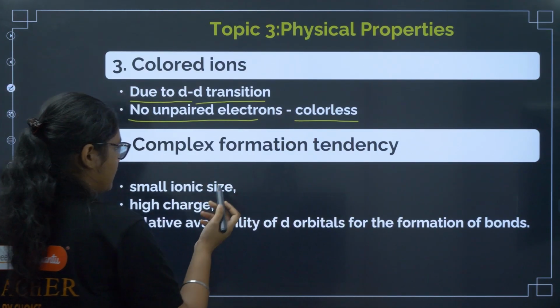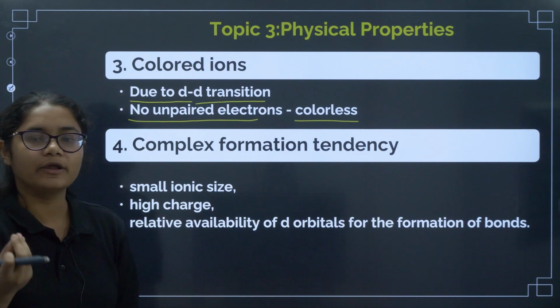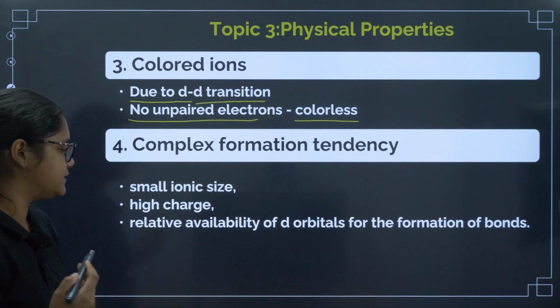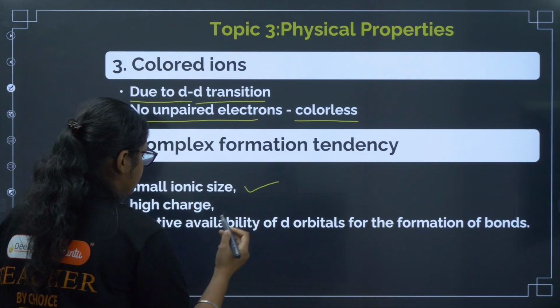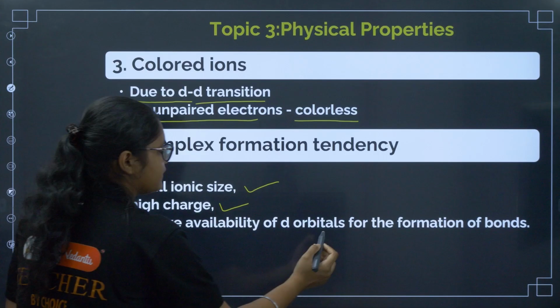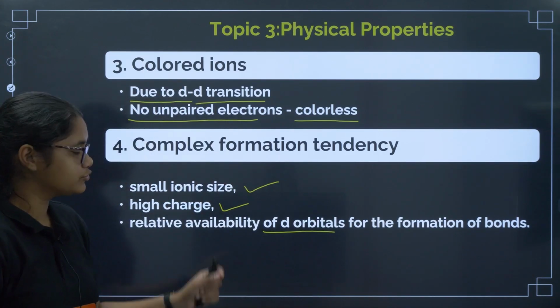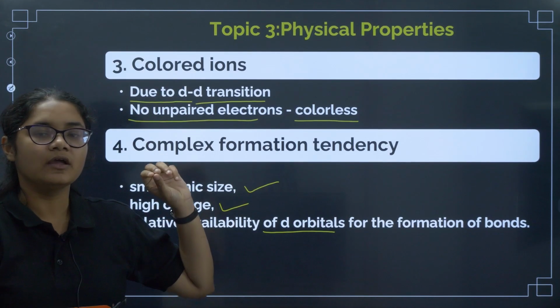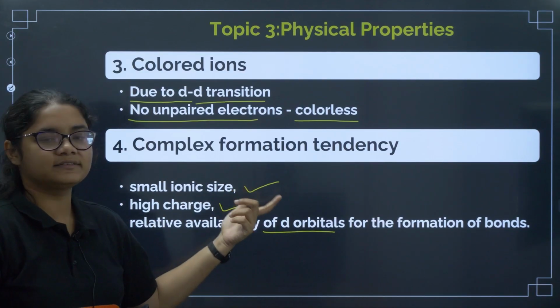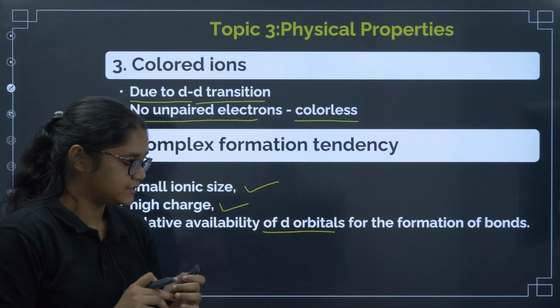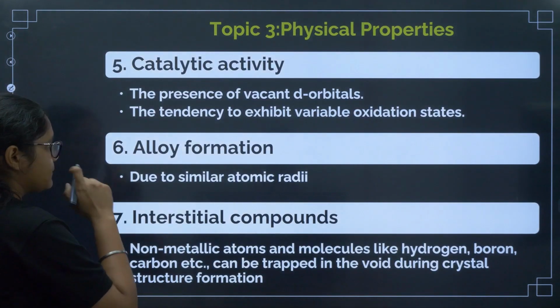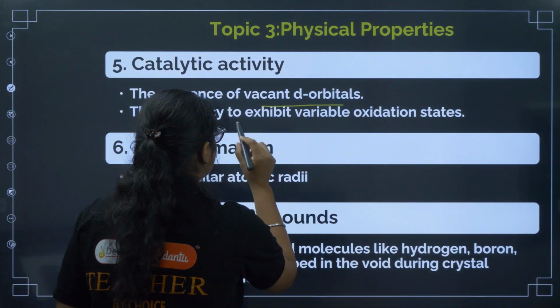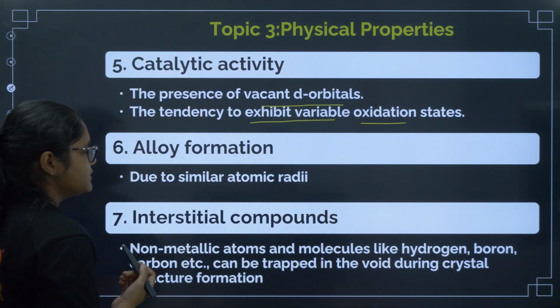Next, we know that d block elements can form complexes. What are the reasons for that? Small ionic size, high charge, and availability of d orbitals. You should know these reasons, because a question can be asked where 3-4 factors are given and you must pick which contributes to complex formation. Similarly, catalytic property is due to vacant d orbitals and variable oxidation states.